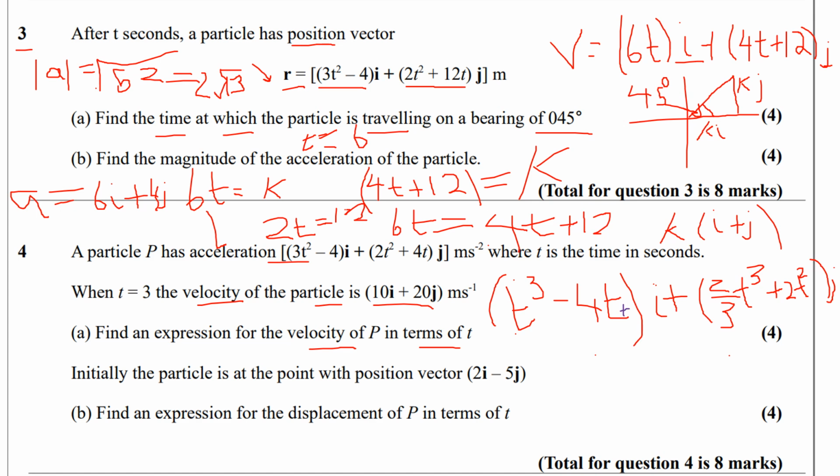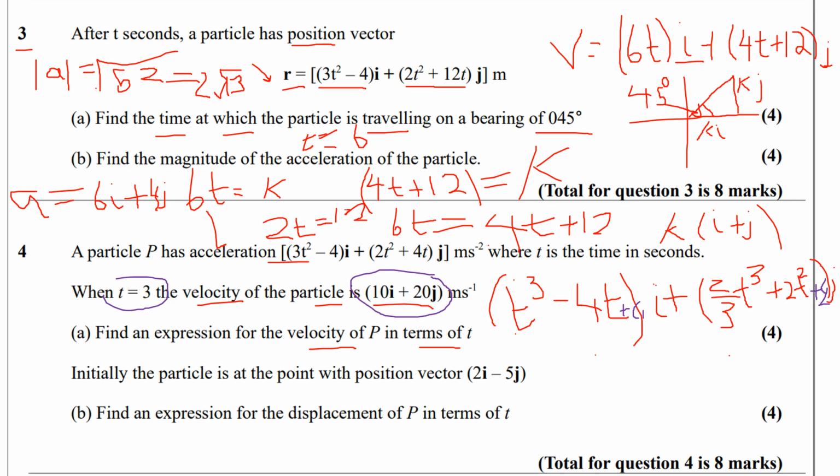I'll call it C1 and C2. Always remember your constant of integration, because I obviously forgot it there. I'm now going to use this condition to work out what C1 and C2 are. C1 is for the i component, and C2 is for the j component.